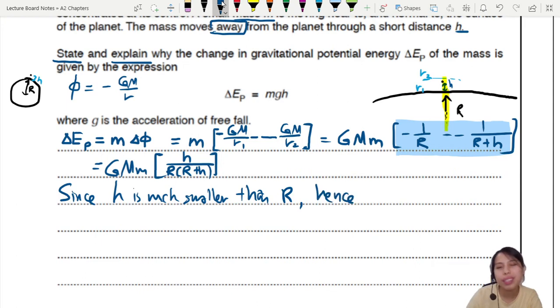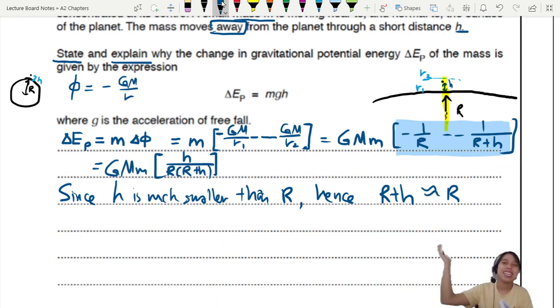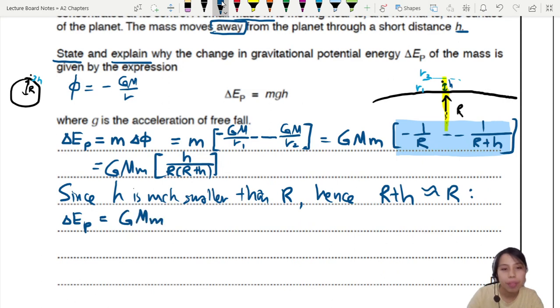Hence, you can roughly say R plus h is R. h is so small, it doesn't matter, so we just ignore the h, and we get this. Then we substitute that into our equation right here, and we get that gravitational potential energy now becomes GMm times h over R times R. That's it. So next step then will be GMm times h over R squared.